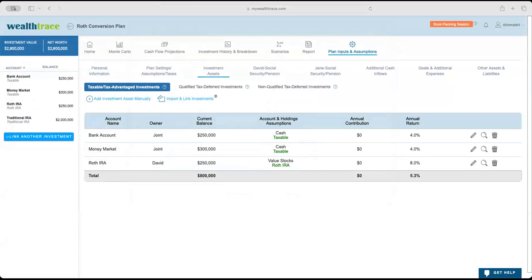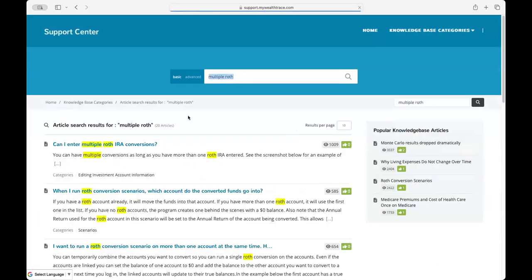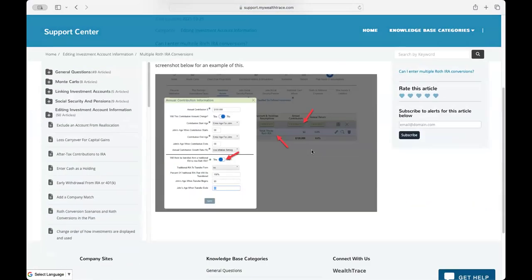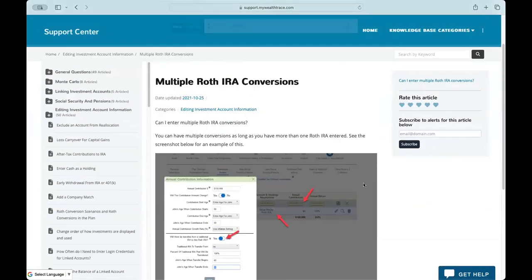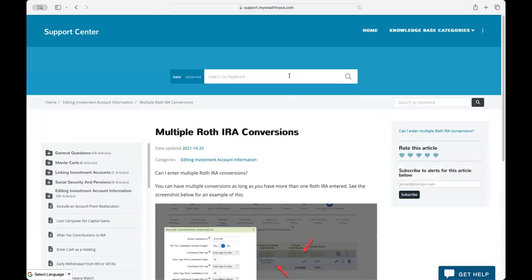If you head over to the knowledge base, I can show this too, so that you all know what to look for. If you type in multiple Roth, for example, and hit enter, you can see this first article. Actually, no, this is not the good one.